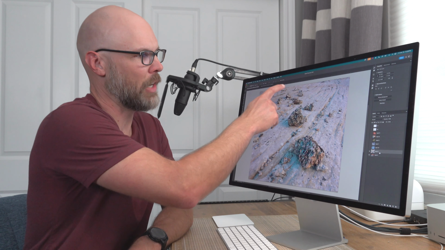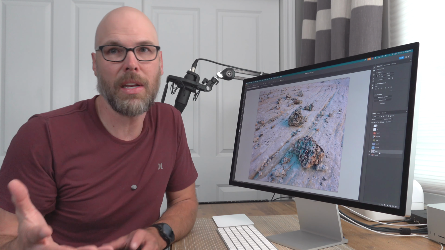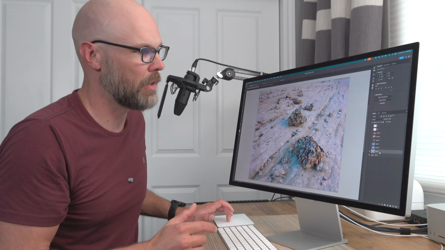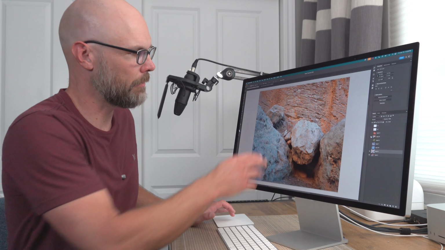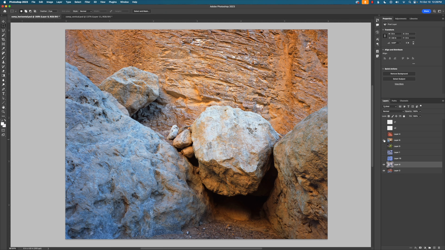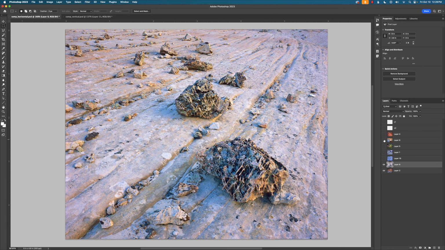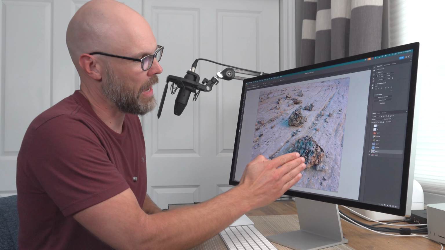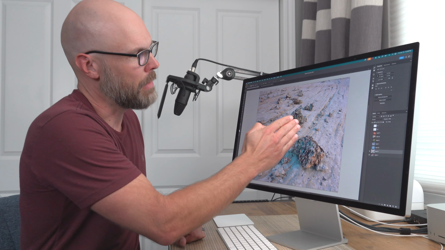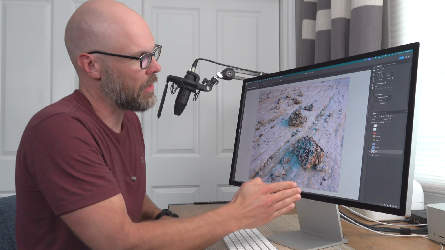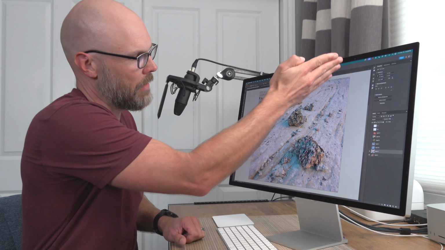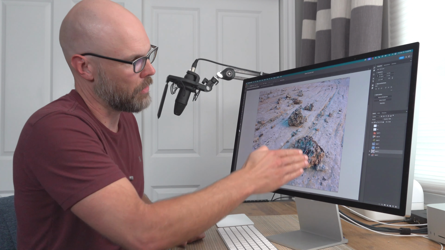So we don't have an actual line, but just like we did with that photo of the boulders in Death Valley, you kind of have this connecting line between the subjects. Same thing happens here. We have the big rock, the medium-sized rock, and the cluster. So you end up with a line that goes a bit like this. So you have a line that goes here and a line that goes here.